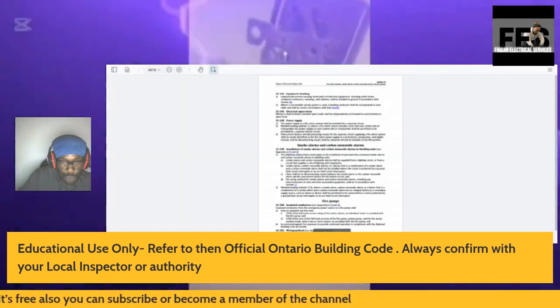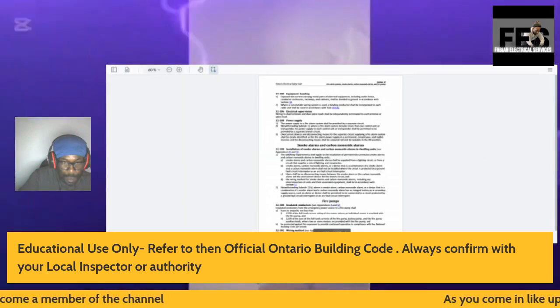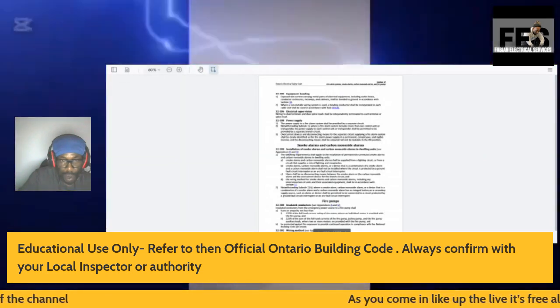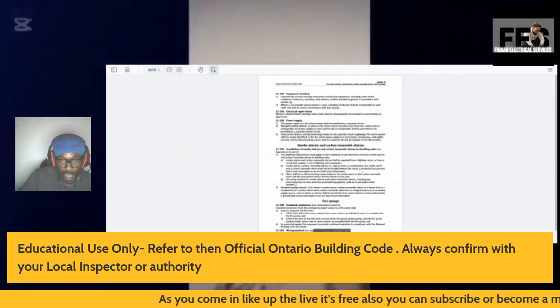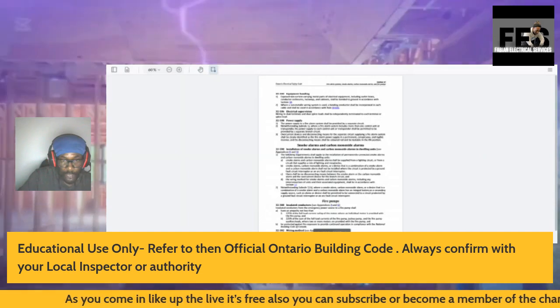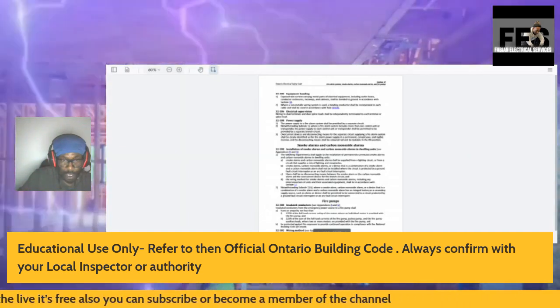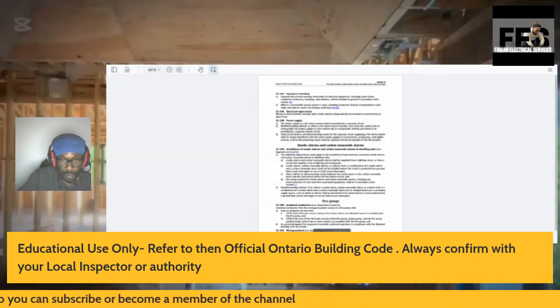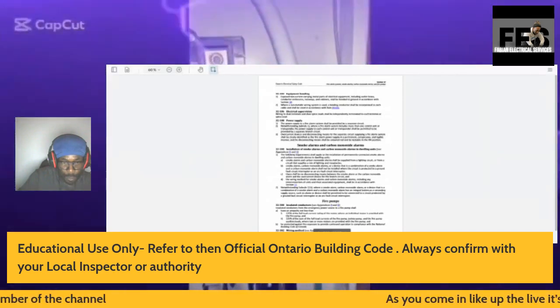I'm going to read this over again. We're catching it right because it says smoke alarm and carbon monoxide alarms. This other rule here says notwithstanding Sub-Rule 1.